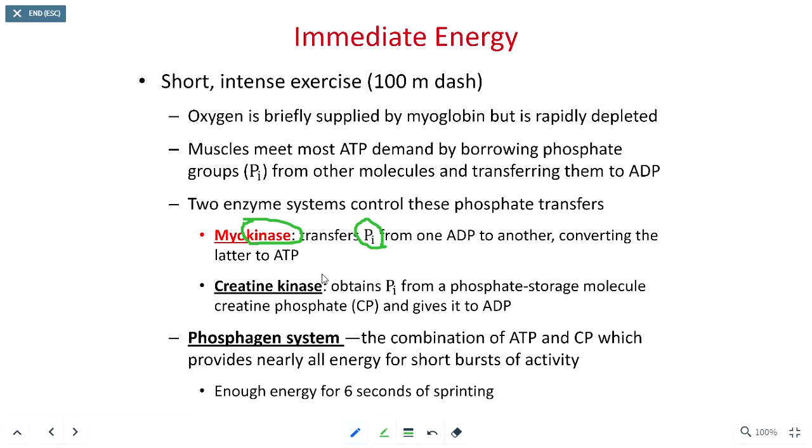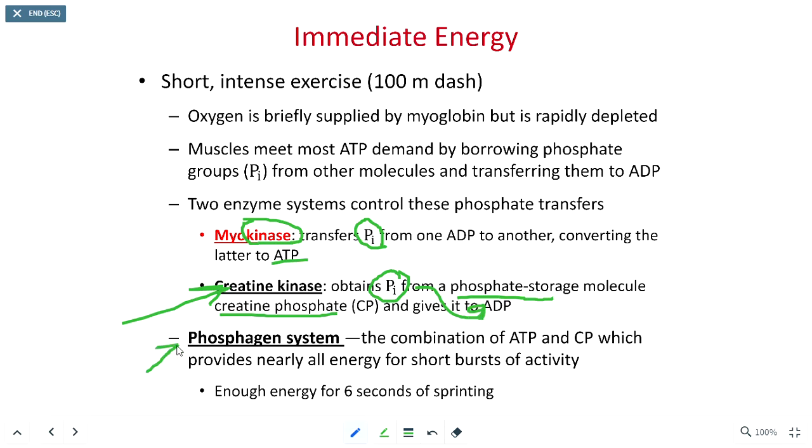So a myokinase is going to transfer phosphates within a muscle cell, and it'll take an inorganic phosphate from one ADP to another, making an ATP. We also have creatine kinase. Creatine kinase is going to have a phosphate storage molecule called creatine phosphate, and that creatine phosphate donates an inorganic phosphate to ADP, turning it into ATP.